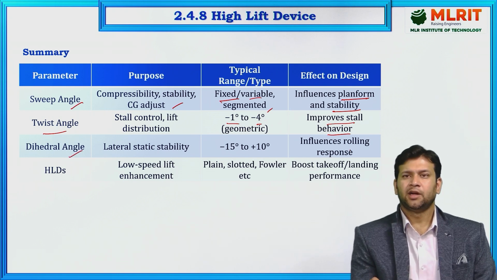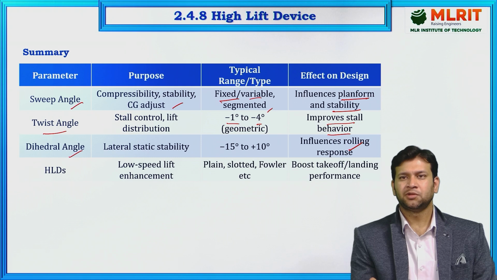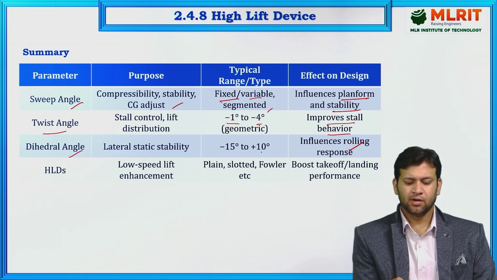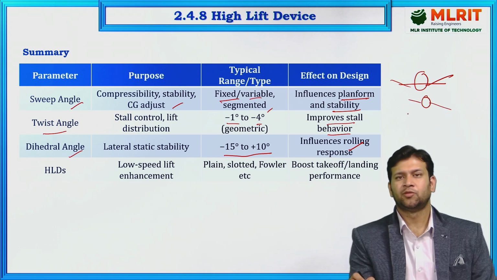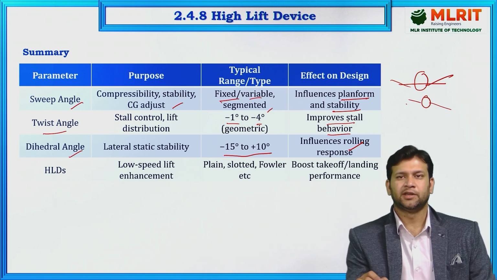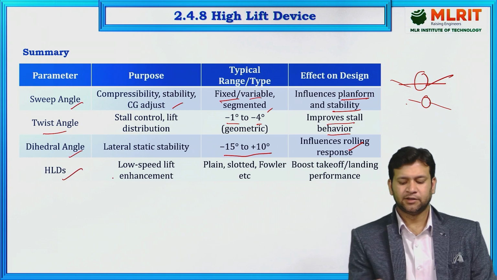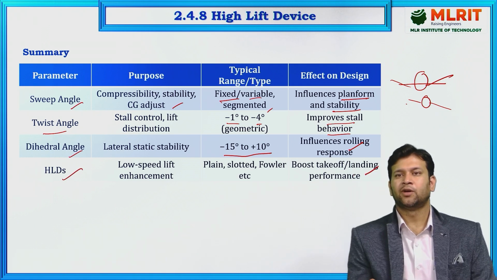Dihedral angle influences rolling response, between -15 degrees to 10 degrees. It will just bank. Suppose this is the aircraft. This aircraft will bank like this up to -15 and +10 degrees. High lifting devices boost takeoff and landing performance.